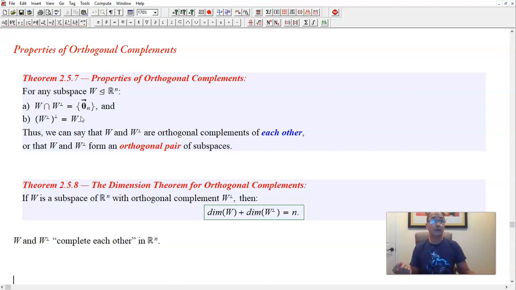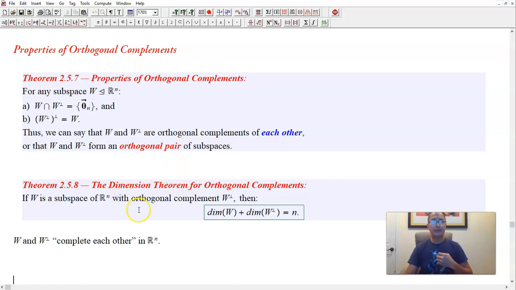Again, they intersect only at the origin. But this is true in general for any subspace of Rn. We already mentioned that the complement of the complement is the original space because W and W perp are complements of each other. Another way to say that is W and W perp form an orthogonal pair of subspaces.